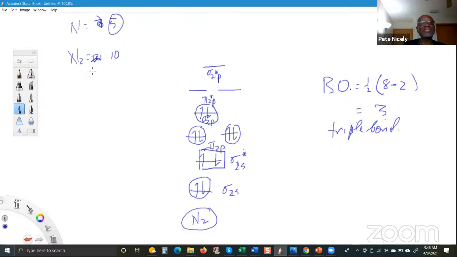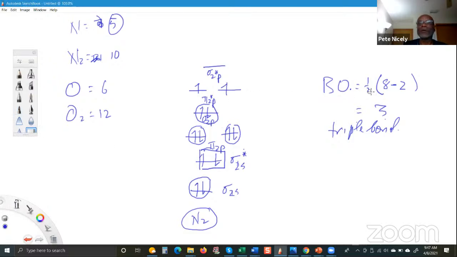Now, if we do the same exercise in the case of the oxygen molecule, right? The group number of oxygen is 6, but it's O2, so there's a total of 12 electrons. So therefore, it's the same as this, but we have to add 2 more electrons, and those 2 electrons will go here and here in the pi 2p anti-bonding orbital.